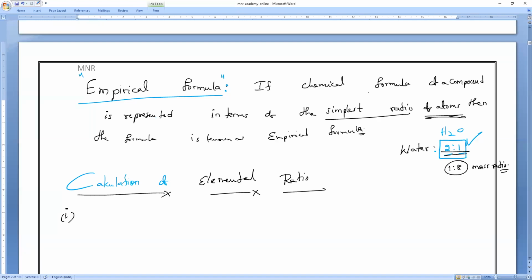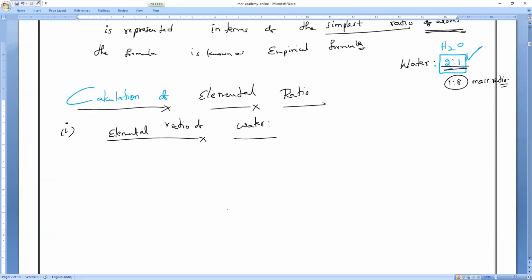Yes, sir. Now we are going to calculate elemental ratio. First compound: calculation of elemental ratio of water. All of you keep writing.